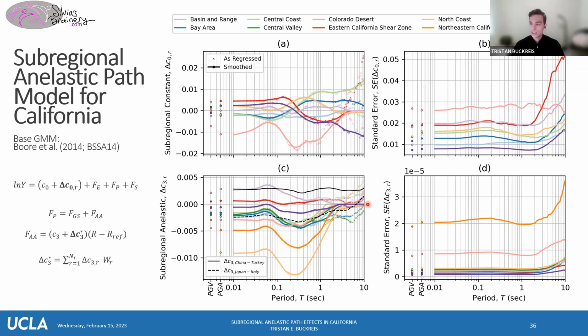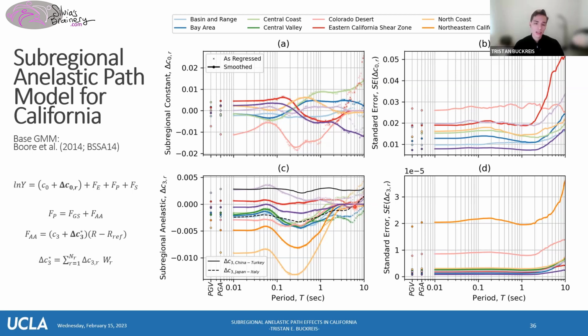And at these long periods, this is low frequency. Because of it being low frequency, there aren't enough cycles within the ground motion to actually impact anything. So the effects go to 0. The reason why we regress non-zero values is that's what the data wants us to do. But physically, we wouldn't expect anelastic effects at long periods, which is why we constrain it to 0.